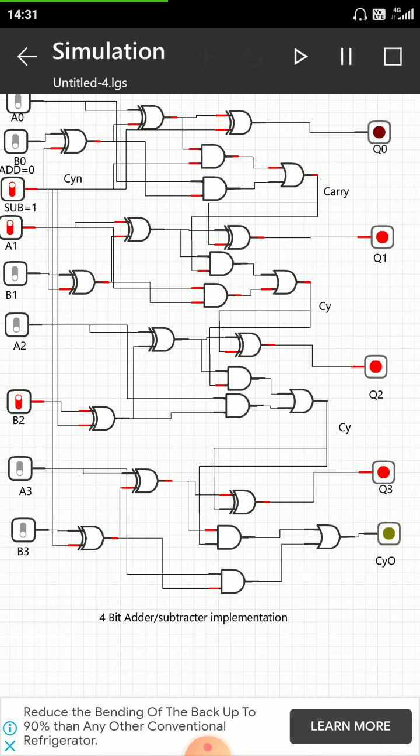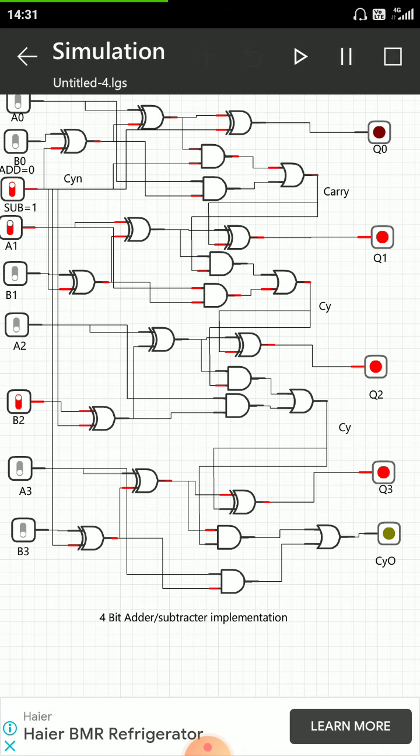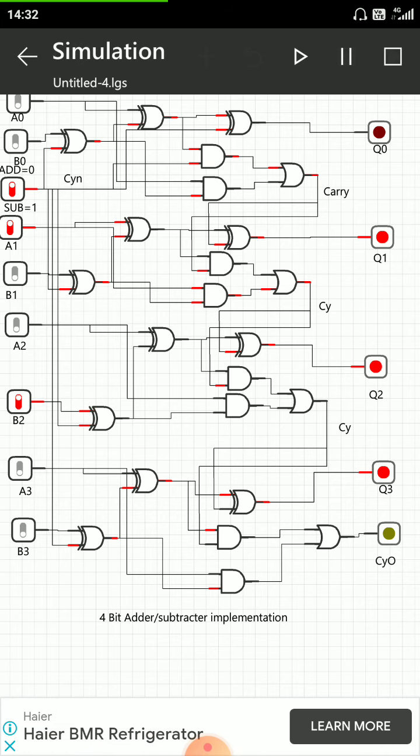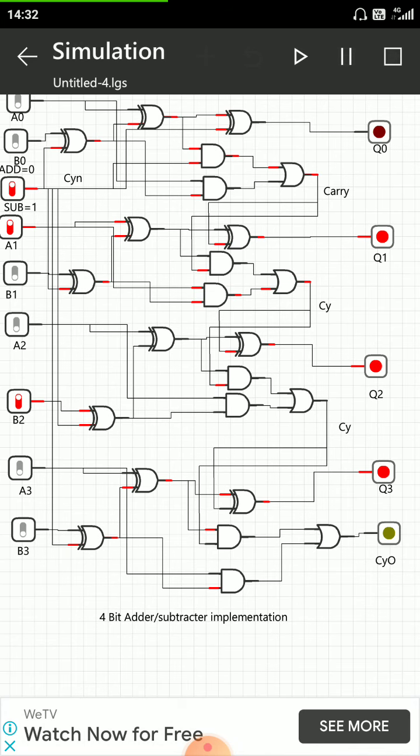Carry out from the second full adder is fed into the carry in of the third, and similarly the carry from the third full adder is fed into the carry in bit of the fourth full adder circuit, and finally the carry out is taken. So this is a cascaded arrangement of four full adders.